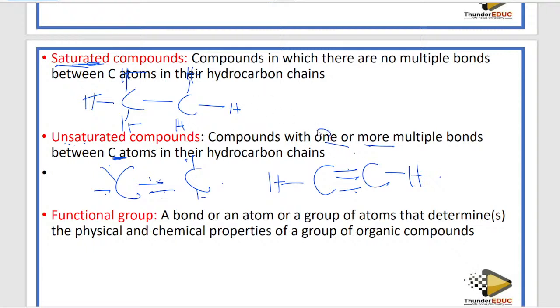Sorry, this one is not one, it's supposed to be two. No, the English is correct. Compound with one or more multiple bonds.